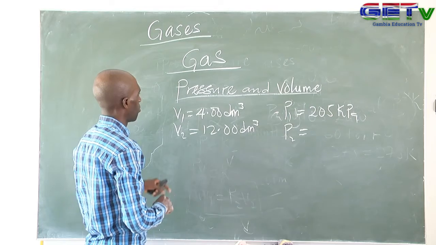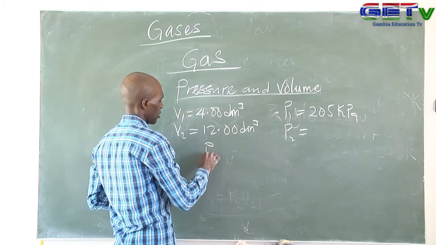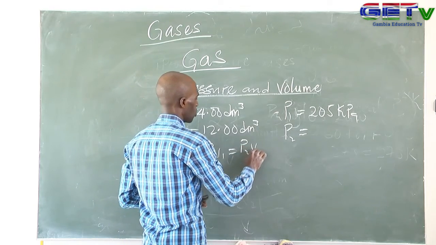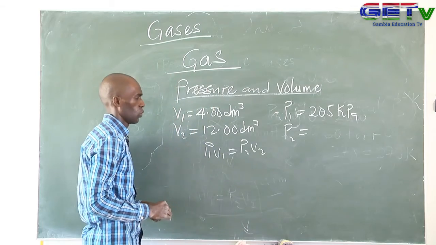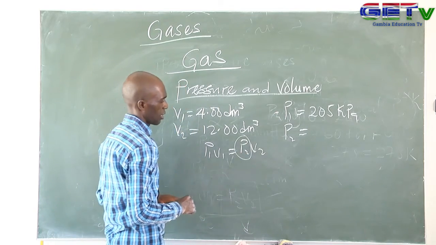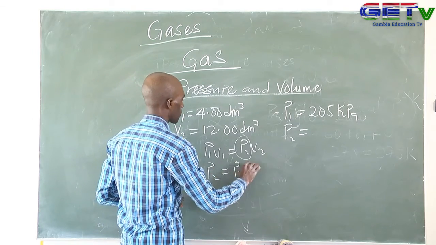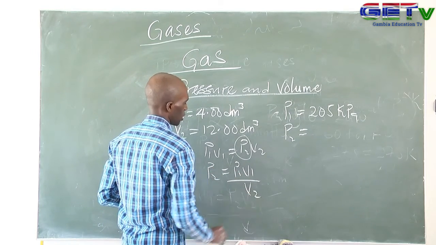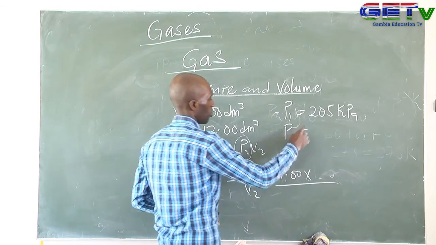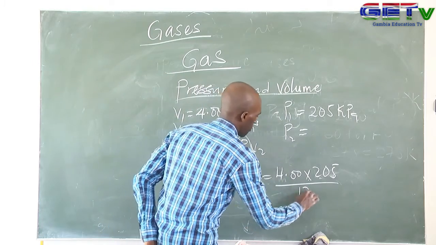So the relationship between pressure and volume is inverse. So that is P1 V1 equals P2 V2. Since we need to calculate P2, we can make that the subject of the formula. So therefore, P2 will be, okay, we substitute, V1 is given as 4, P1 is given as 205, and then V2 is given as 12.